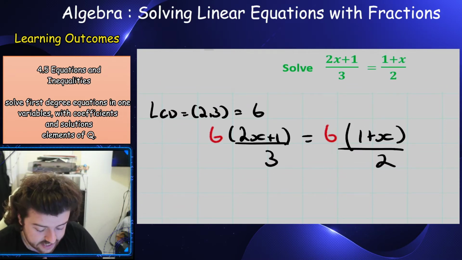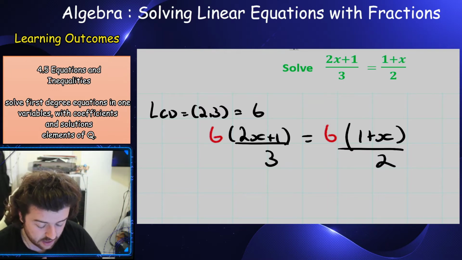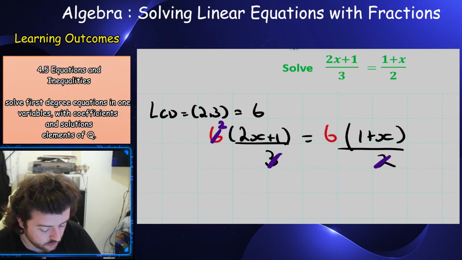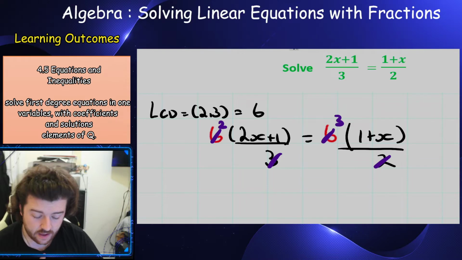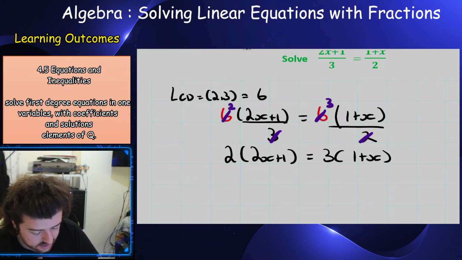I can divide this 6 by 3, which is 2, and 2 goes into 6 three times. So now I have 2 times (2x + 1) equals 3 times (1 + x).